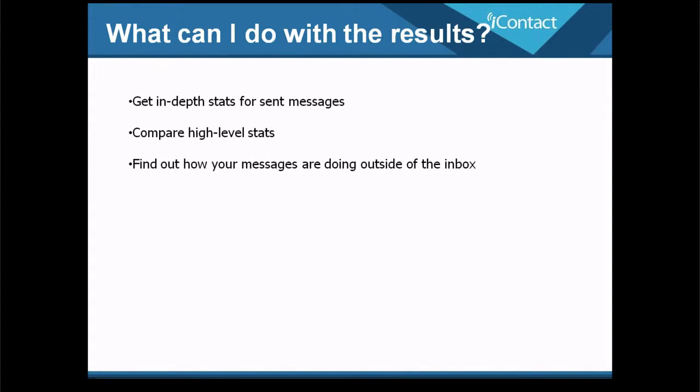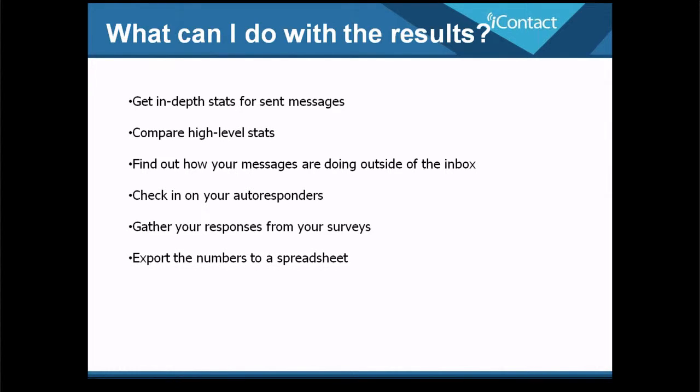You can find out how your messages are doing outside of the inbox through the social tools. You can check in on your autoresponders and see how they're performing or converting your customers. You can gather your responses from the surveys you've run and then use these responses to skyrocket the rest of your email marketing results. You can export this data to a spreadsheet.